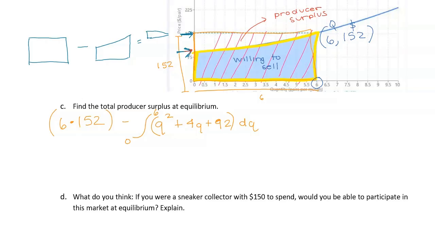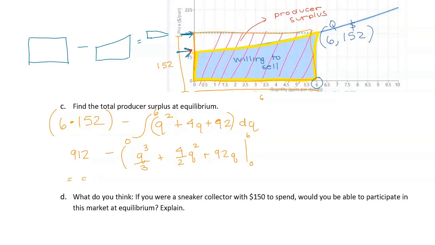6 times 152 is 912 minus the antiderivative of this function, which is q cubed over 3 plus 4 over 2 q squared, and that would simplify to be 2q squared plus 92q. And then I'm going to evaluate that from 0 to 6.